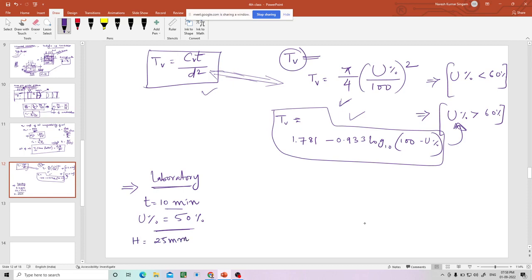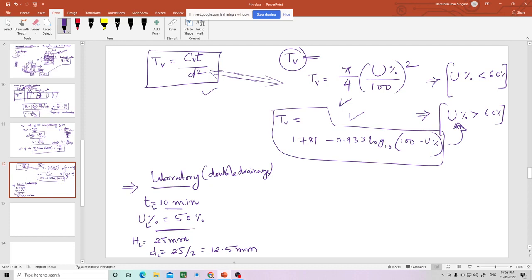And what is the D then? It is double drainage, remember, double drainage, right? D will be 25 by 2, 12.5 mm. Let us say this is DL, HL, TL, because it is the laboratory.